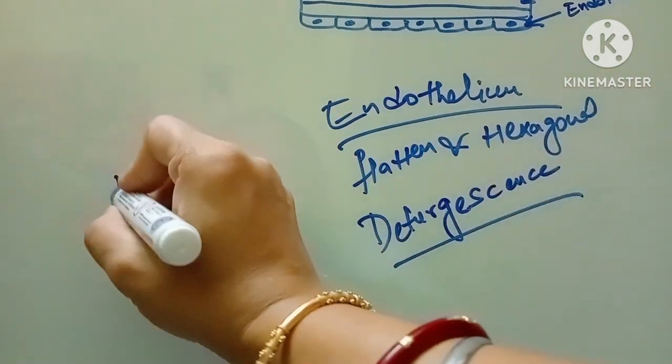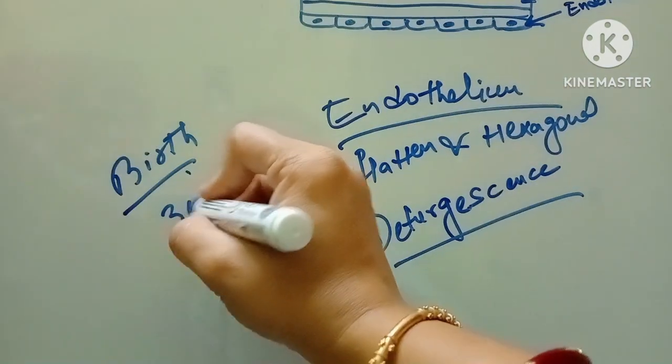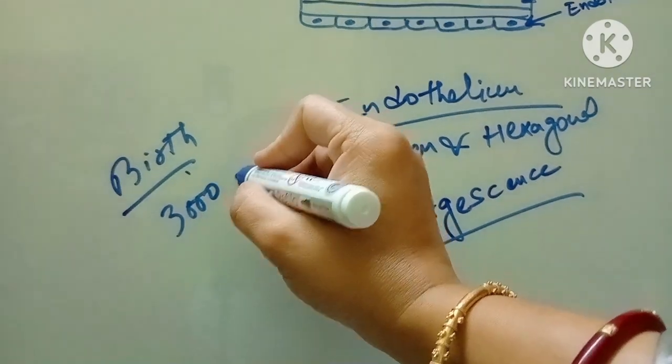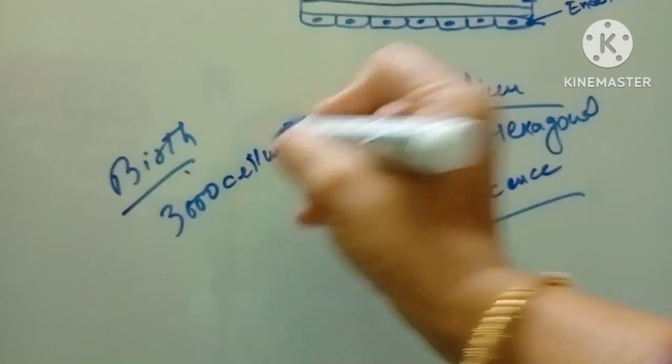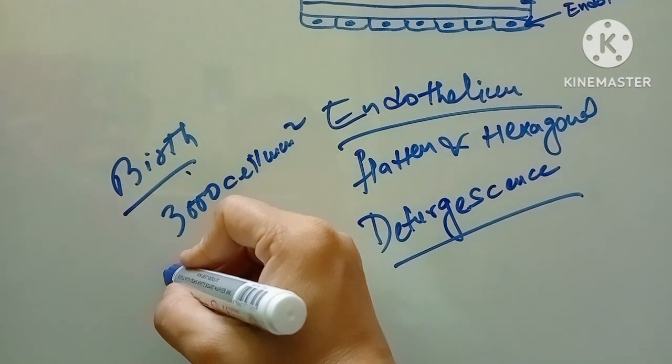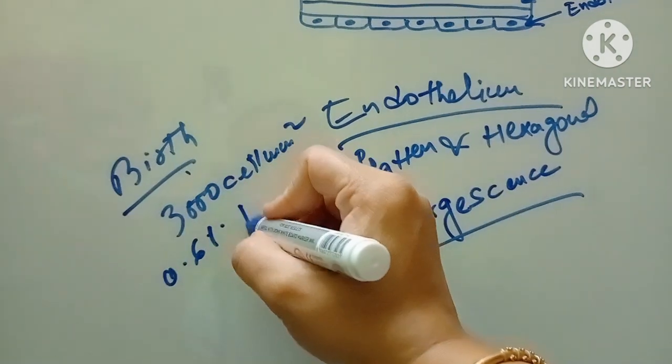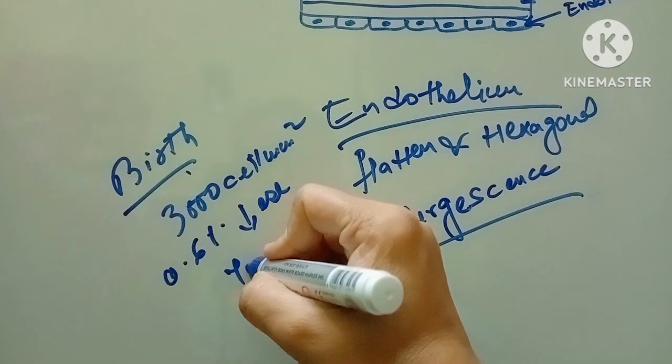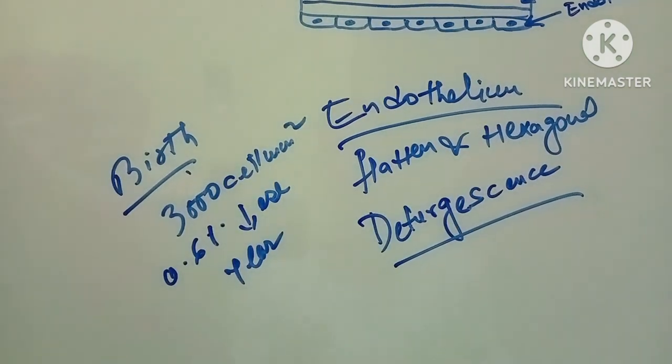During birth it is 3000 cells per square millimeter, but as age increases the cells start decreasing, by 0.6% every year, in every person, both female and male. When cells decrease, the neighboring cells enlarge to fill the space.